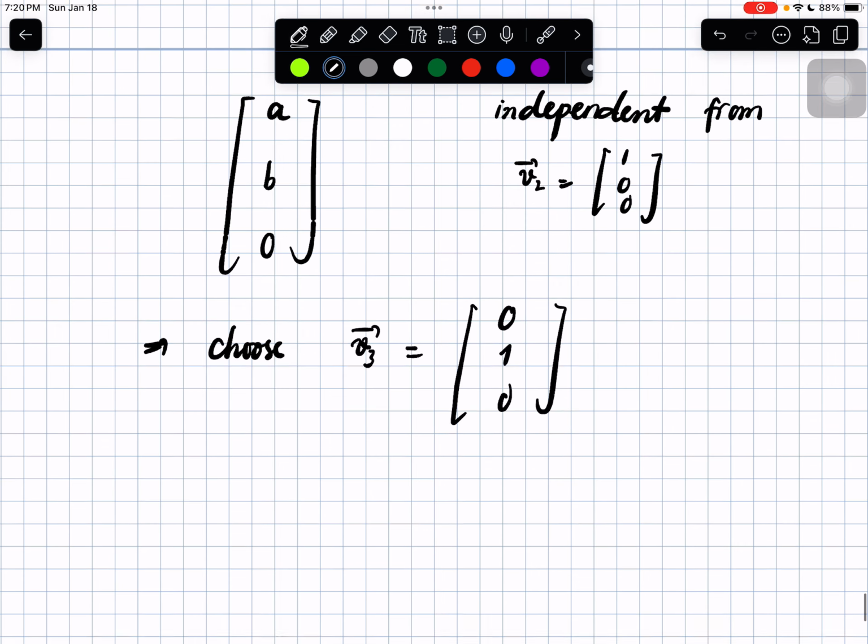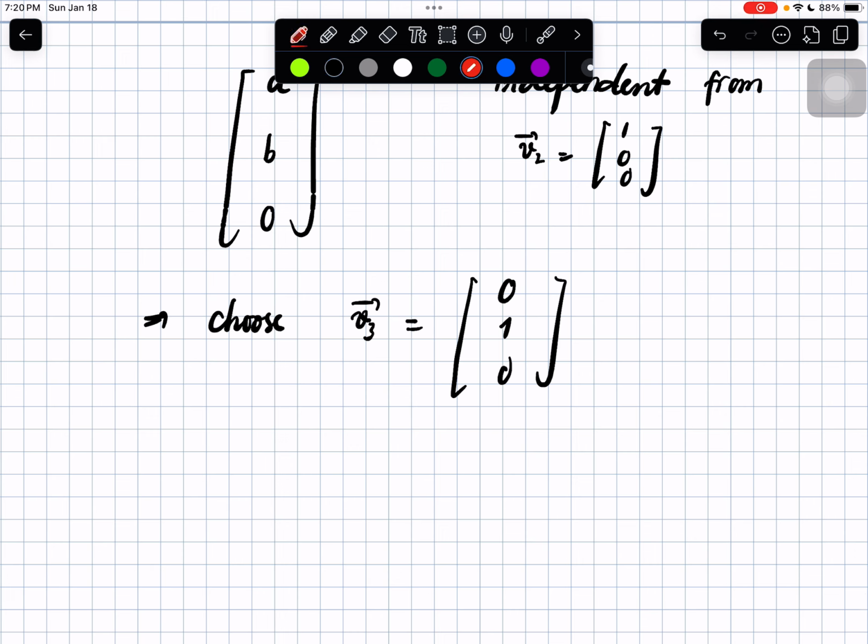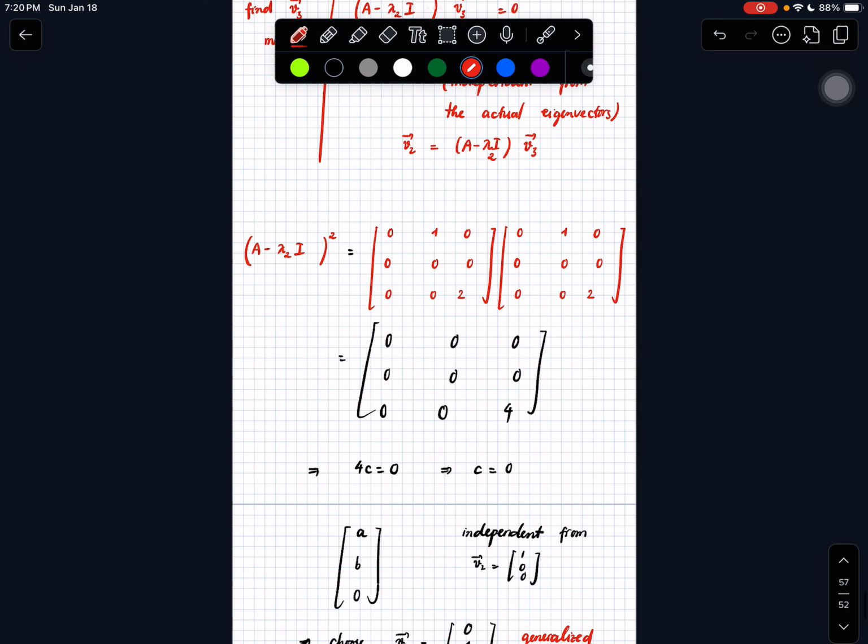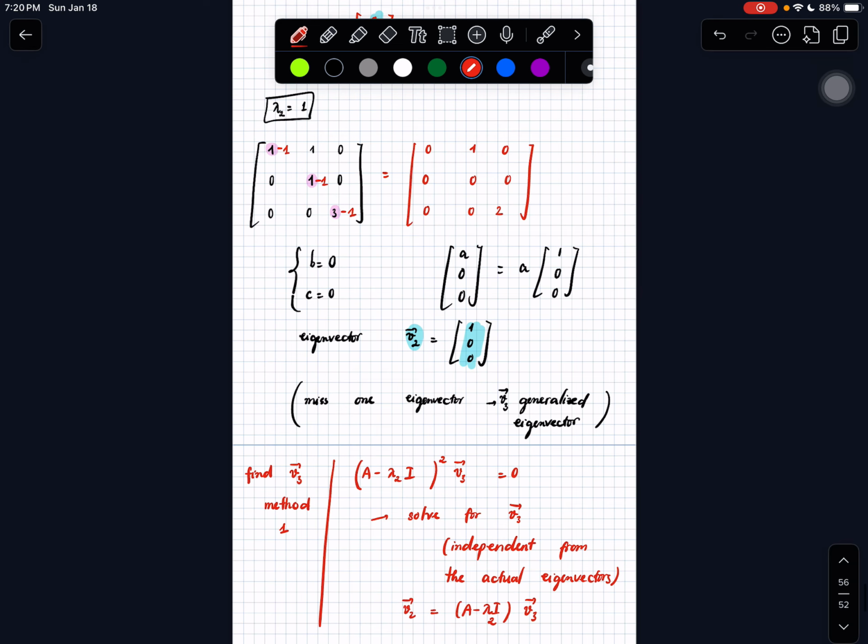So this is our generalized eigenvector associated to V2, lambda 2 equal to 1, right?